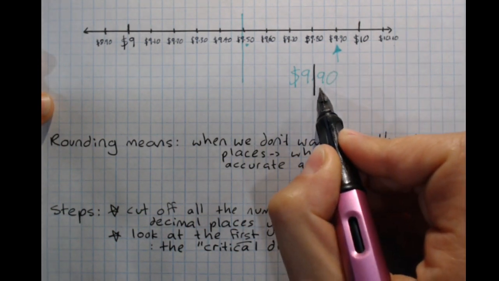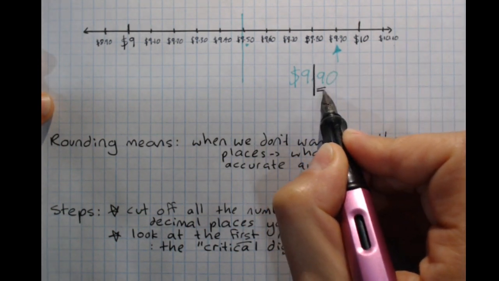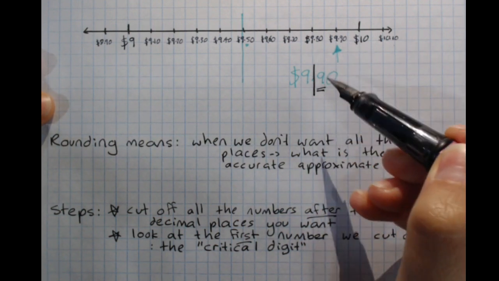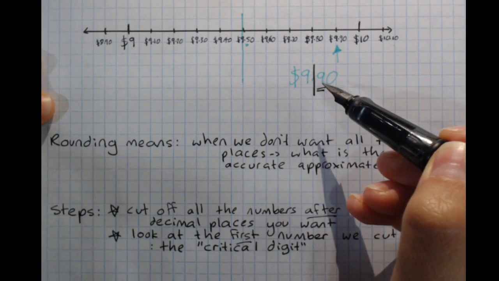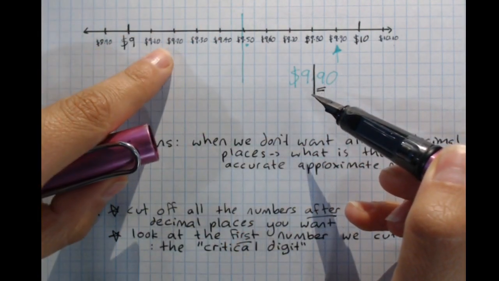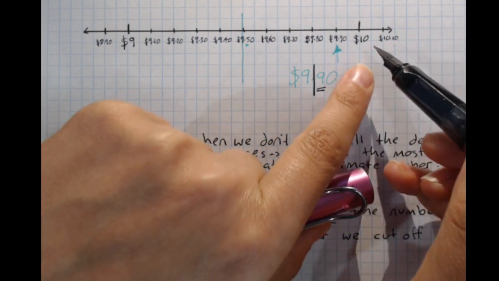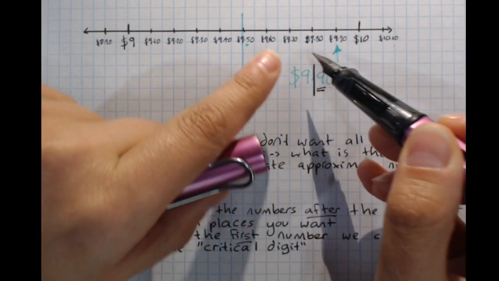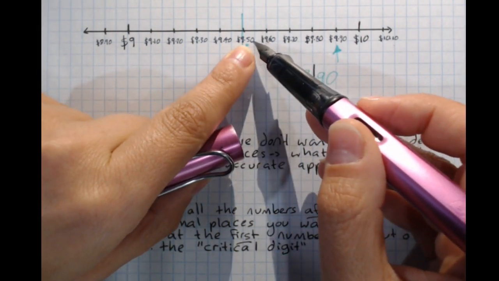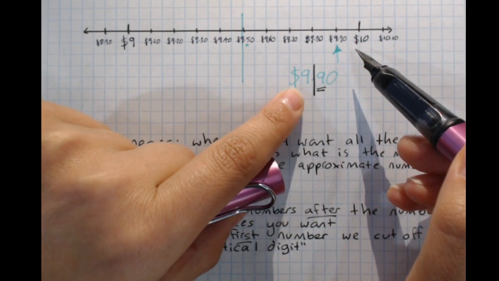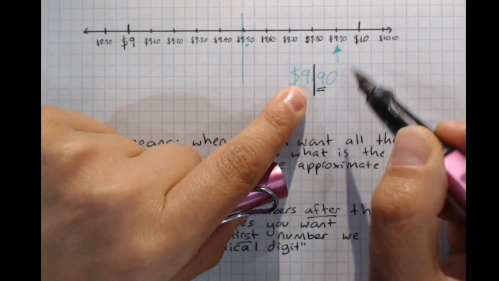I would look at the critical digit, the first one that I removed, and that tells me, should I end up closer to 9 or should I end up closer to 10? And the way I can tell is if that critical digit is 5 or more, then my number should be closer to the next number up, actually $10.